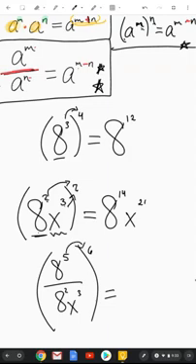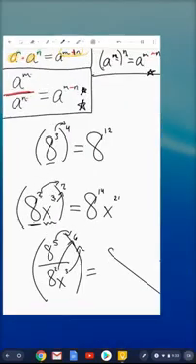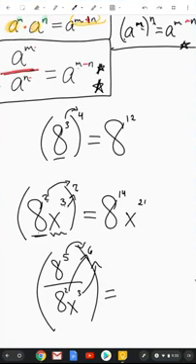So this gets raised to that power, and this gets raised to that power. So I would have in the numerator 8 to the, my bad, 8 to the 2 times 6, which is 12. I'm tired, y'all. Wow, I had to talk that out.